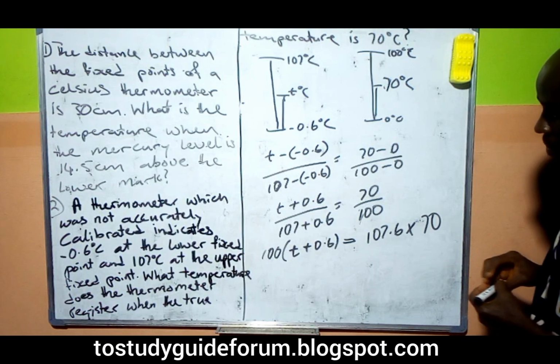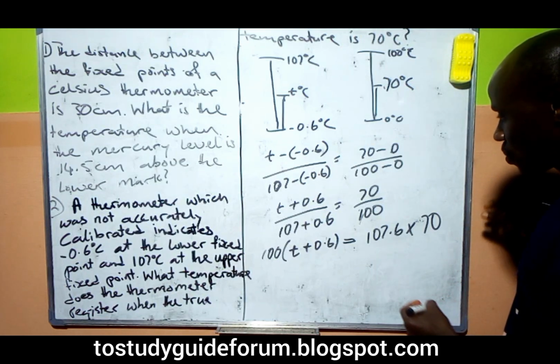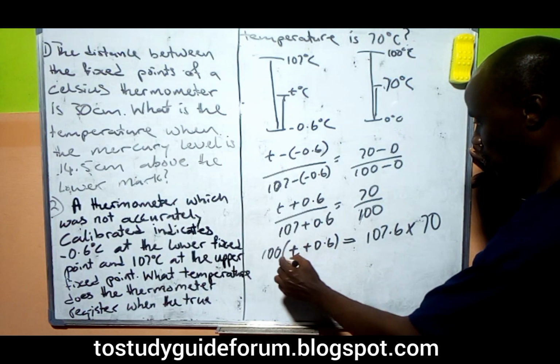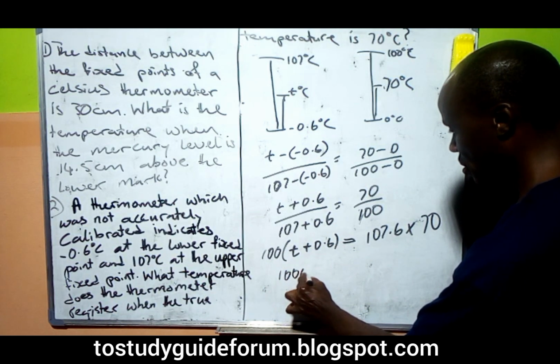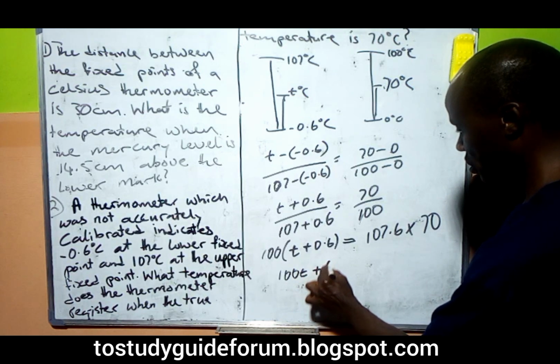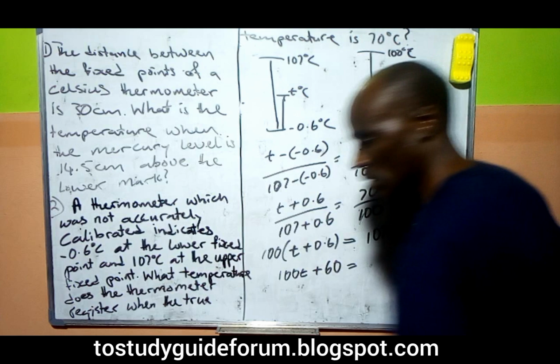So the next thing we are going to do here is that we'll multiply through. We have 100T and then plus 60 equal to, let's see what we have here.